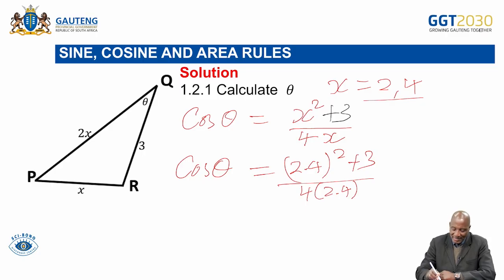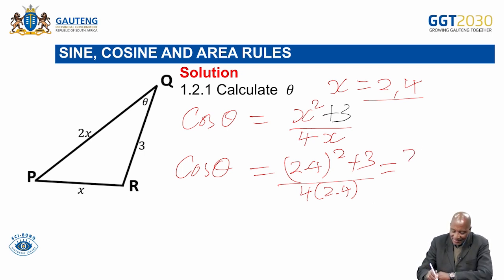Let's simplify and see what fraction we get overall. Punch that out on your calculator. 2.4 squared, then added to 3 and divide by 4 times 2.4 and simplify.